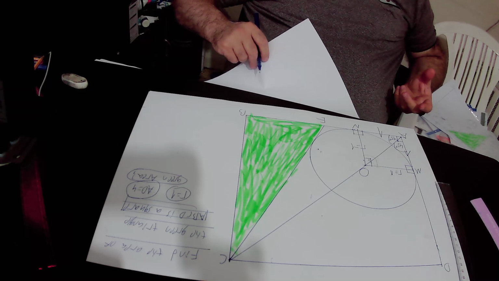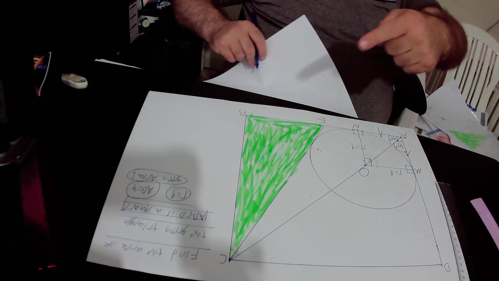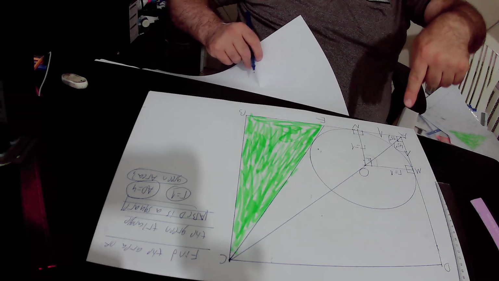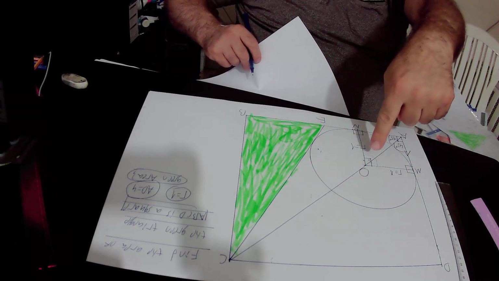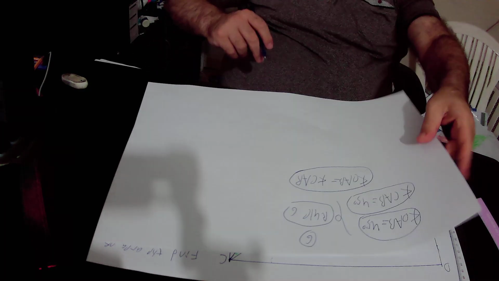What does it mean? It means that the diagonal CA must pass through point O. I will write down the conclusion.